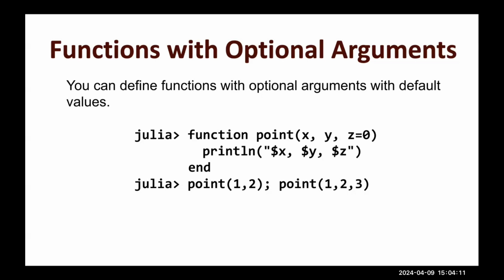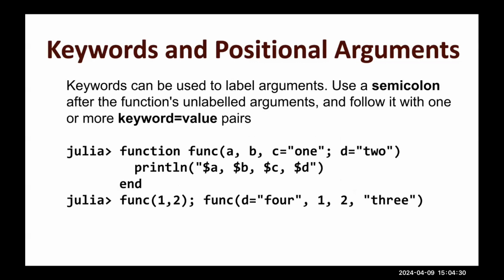Don't worry about z, because z by default is 0. For this function, you just need to define it once. So you don't need to define, say, point 3D and point 2D. It will work for you just given x and y. Python also supports this, so it's nothing new here. It's just a feature that I think is good for new programming languages to have.